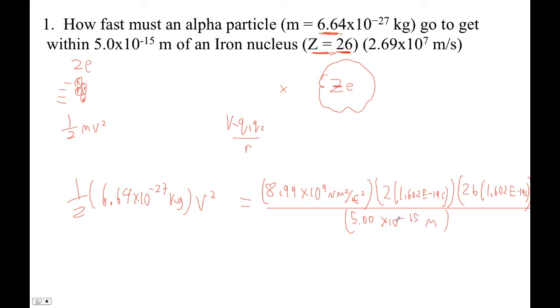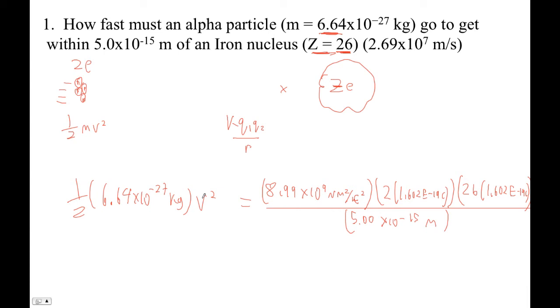Now we want to solve for v squared. I'm going to just bust out this entire right side: 8.99 times E to the 9th, times 2 times 1.602 E minus 19, times 26 times 1.602 E minus 19.